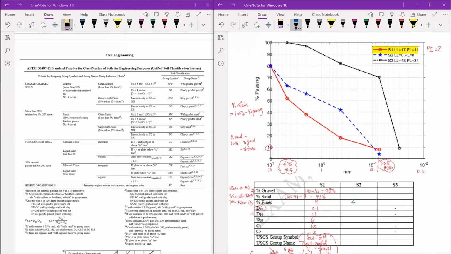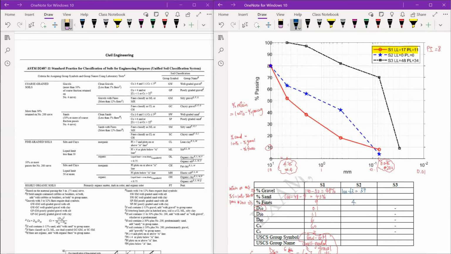And percent gravel is the material, the soil particles, retained on number 4. In this case, this is my number 4. I'm reading about 63% passing, because number 4 is 4.75 millimeters. So retained equals 100% minus percent passing, so it's equal to 37.